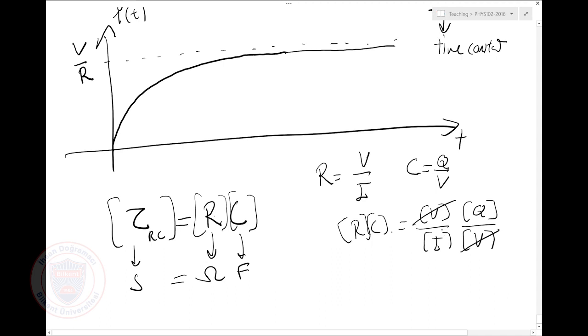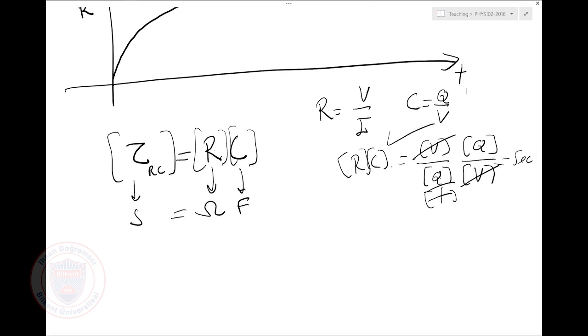But what's the unit of current? Charge per unit time, right? So Q divided by unit of time. So this is seconds. It makes sense. Ohm times farad gives me seconds.